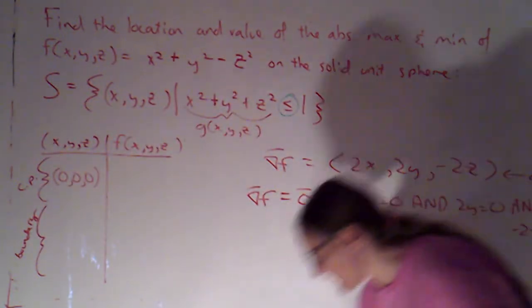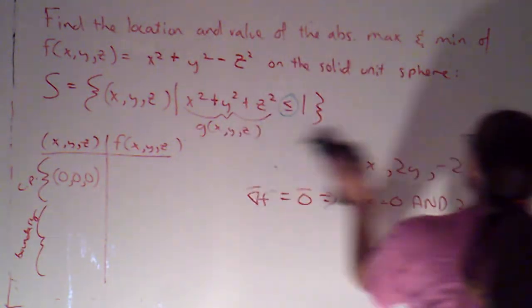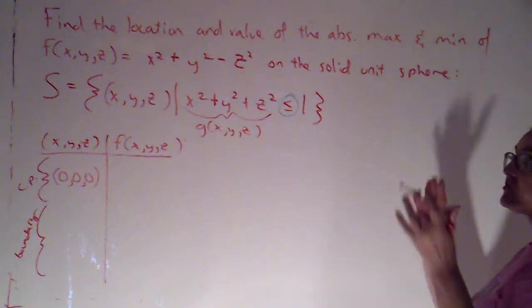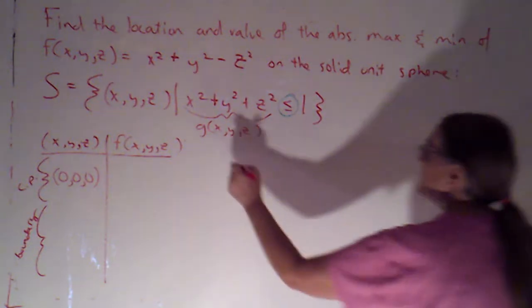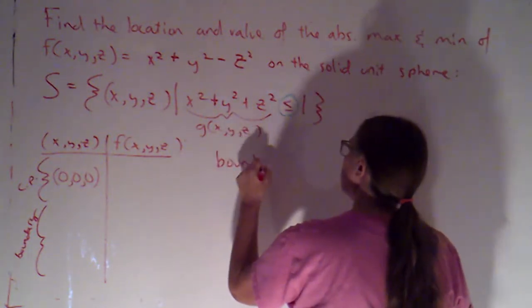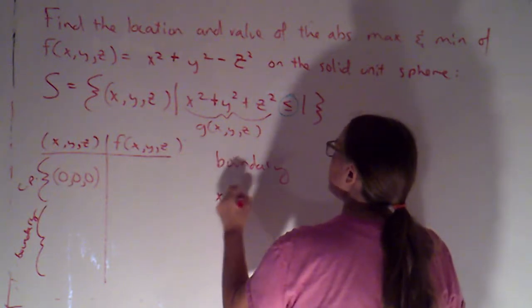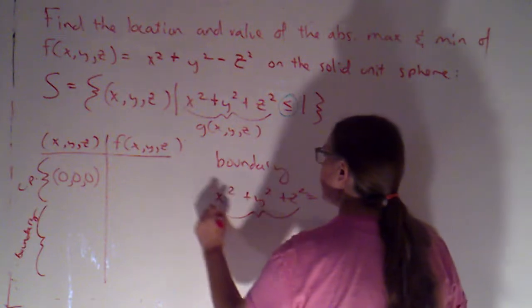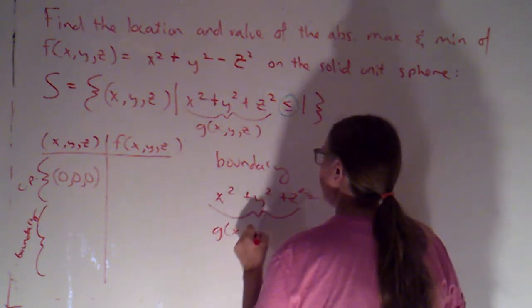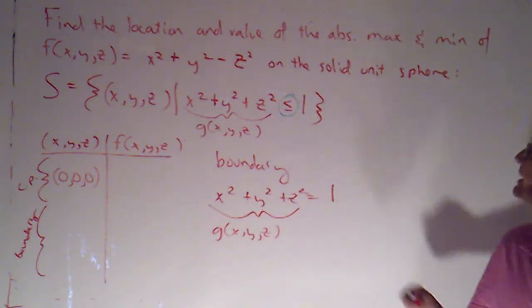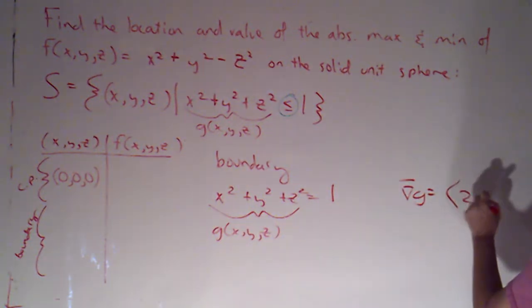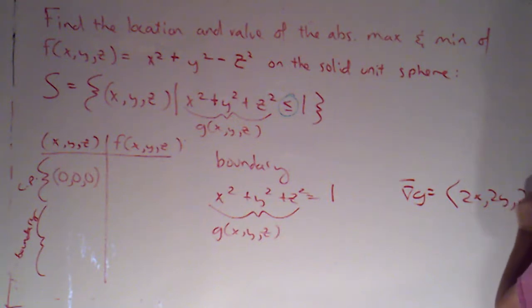Excellent. Okay. So then on the boundary, I'm working with just the surface of the sphere. So on the boundary, I'm looking at x squared plus y squared plus z squared equals 1. And again, I've called that g of x, y, z. Now, the gradient of g is just going to be 2x, 2y, 2z.